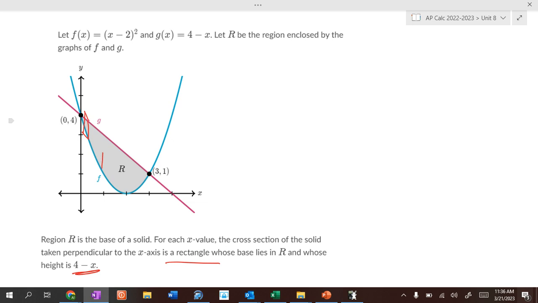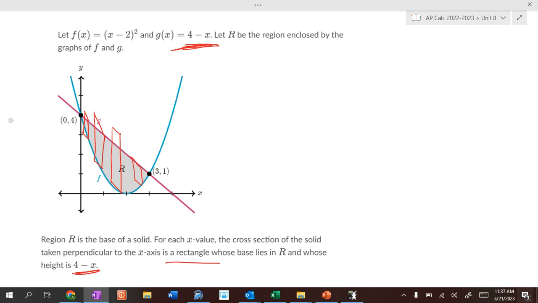So there's a rectangle. There's a rectangle. There's a rectangle. And they'll get smaller again. And so on. So longer rectangles and smaller rectangles, but they all have the same height. Their height is going to be that.